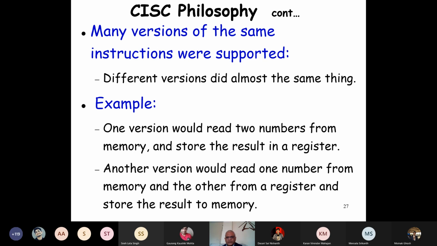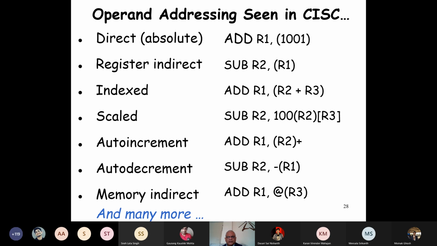Two source operands in memory and the destination is a register, etc. Look at the addressing modes here: direct, register indirect, indexed, scaled, auto increment, auto decrement, memory direct, indirect, and many more. We'll not really look at all these addressing modes because we are not going to use them in this course. But this is how it used to be.